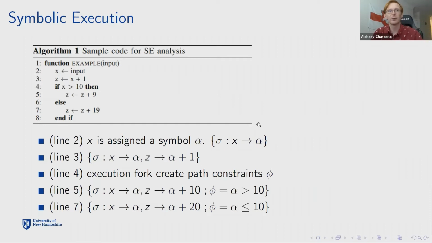So this is the example that they have in the paper on some code that they can run the symbolic execution, they can run the SE analysis on. Essentially, they try to run this code without the variables, right? You can think of symbolic execution as trying to traverse the code without substituting the actual values, the inputs.